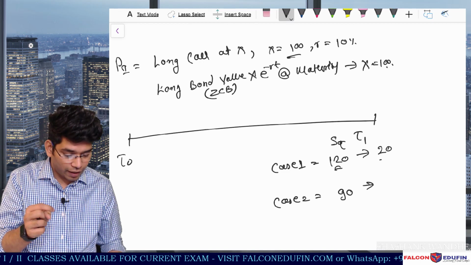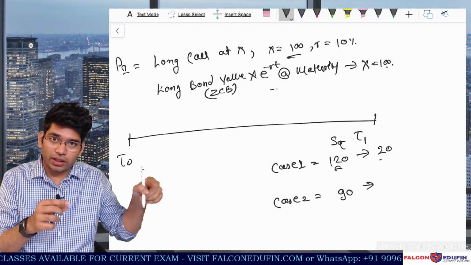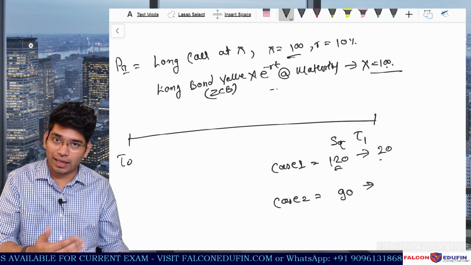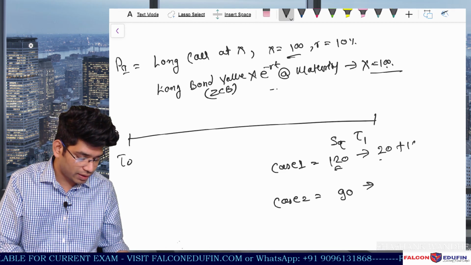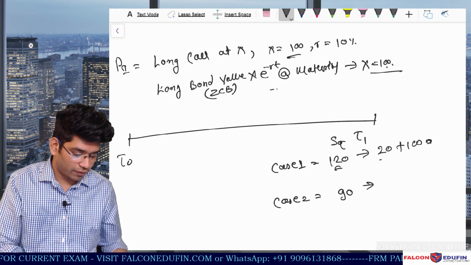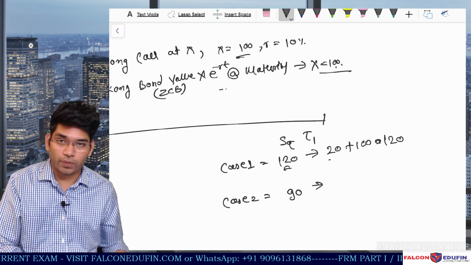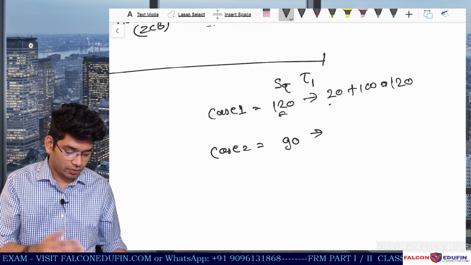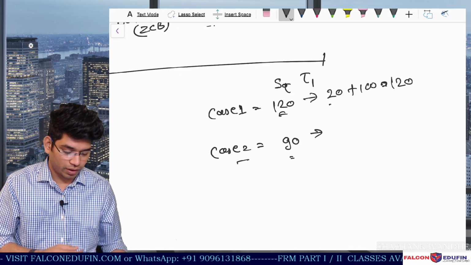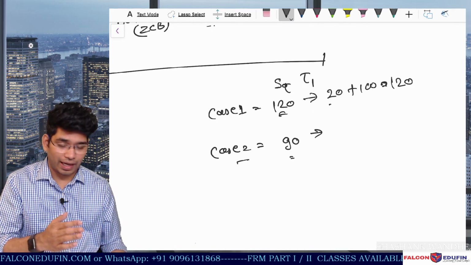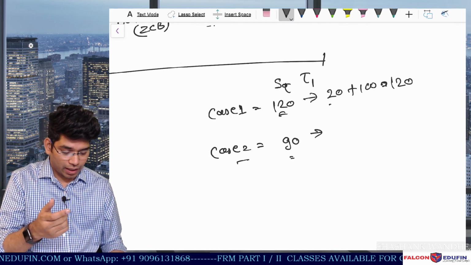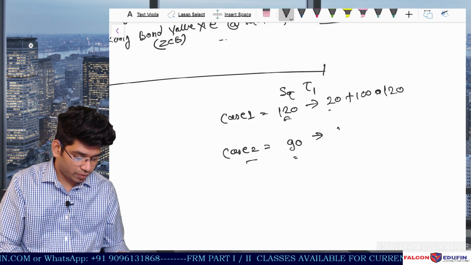And you remember you have a zero coupon bond which at maturity will produce the payoff of 100, right? So plus 100, so the total payoff is 120. Now in case 2, the underlying is 90 and the option will lapse here, so the option will produce zero payoff.